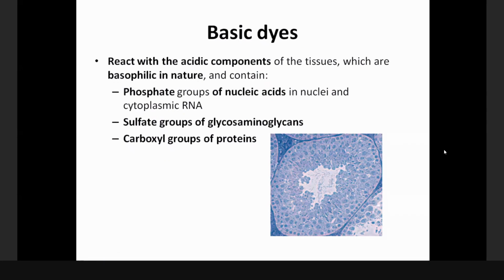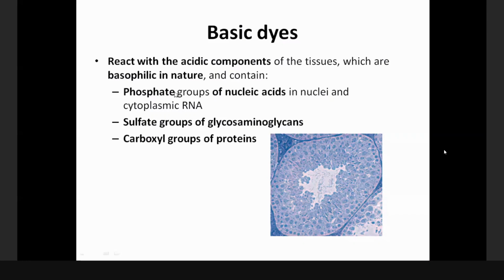Meaning, here look at this. Basic dyes, basic colorful substances, react with the acidic components of your tissue. These acidic components love or react with basic dyes, so we name them basophilic components. So they are basophilic. What are they? They are acid. They have a large amount of negative charges.